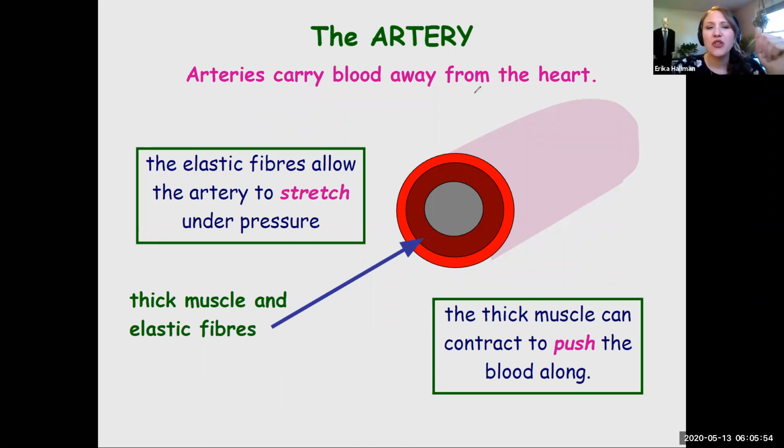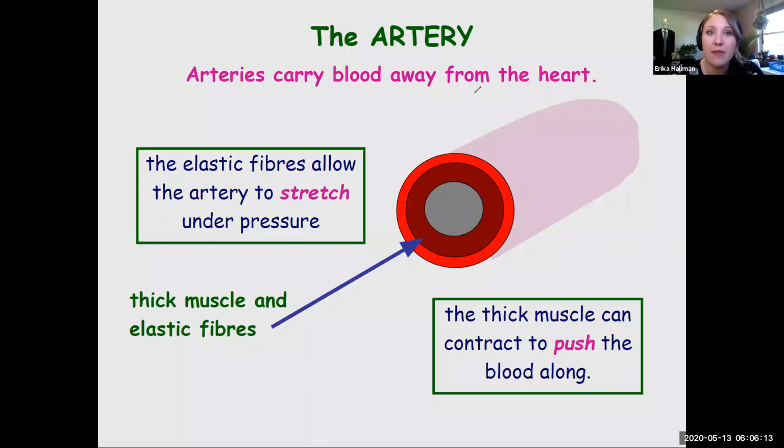So we've talked about this in the other diagram, but this is a really good refresher and a way to look at it, that in this artery, the outside covering of the artery is going to be very similar to the vein, but the inside covering is going to be made up of thick muscles and elastic fibers. And what that means is that the artery would actually be able to stretch.